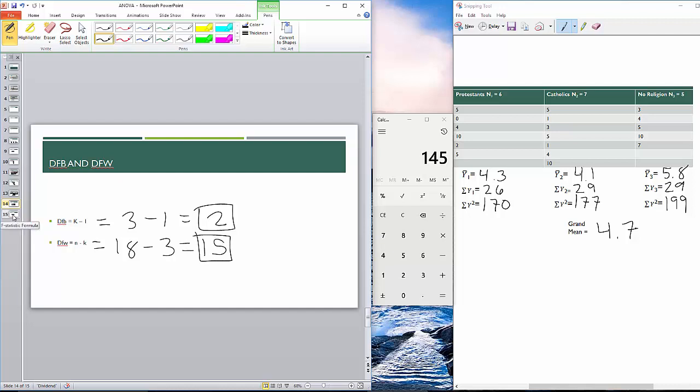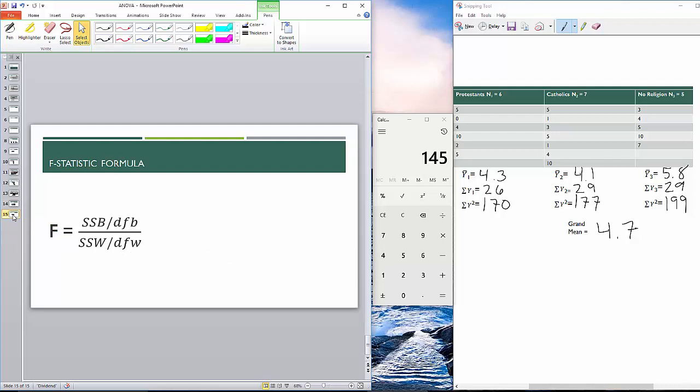Now let's go ahead and plug in all of the information that we have for the F statistic. We had an SSB of 9.53. We're going to divide that by a DFB of 2. And we're going to divide the result of that by our SSW of 125 divided by a DFW of 15.